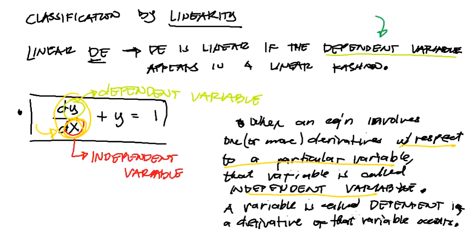Wherein a variable is called dependent if a derivative of that variable occurs. So we have here the derivative of variable y occurs. So this variable is called now our dependent variable.